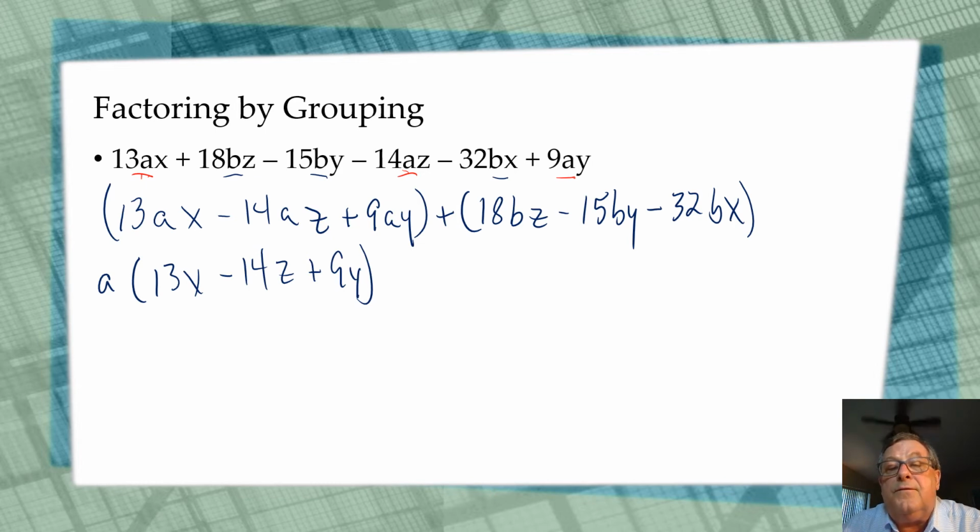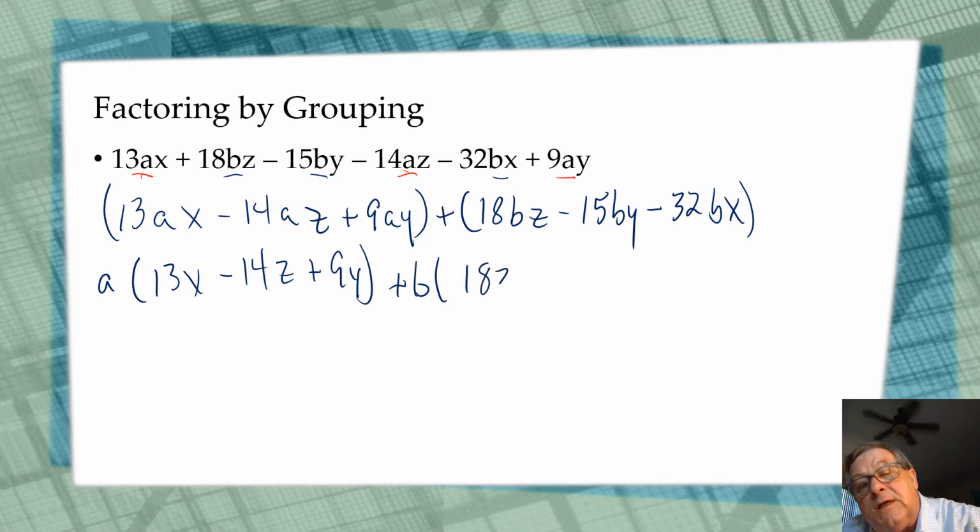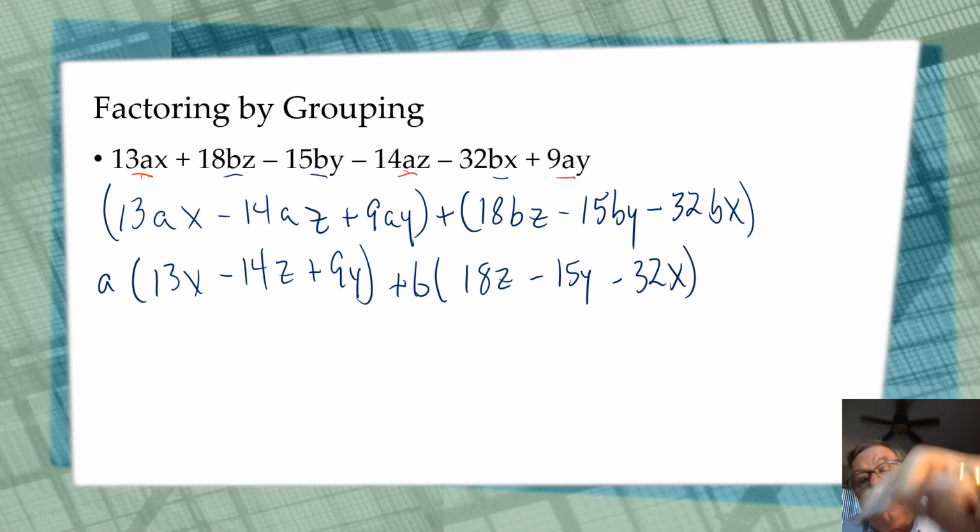Well, the 18 and the 15 I could factor out a 3, but that doesn't help me with the 32. So I think all I can factor out is a b, excuse me. So let's see, plus b times 18z minus 15y minus 32x, a plus b.